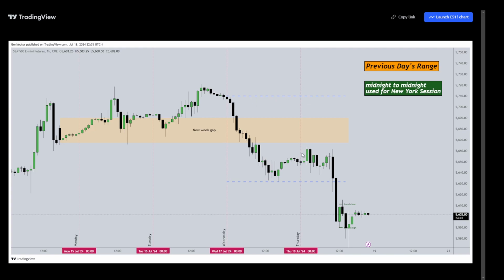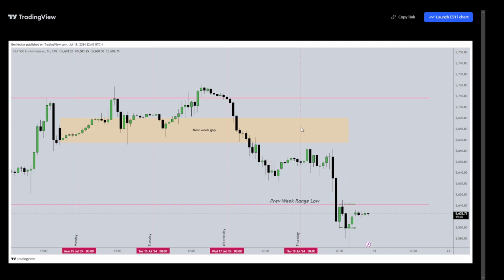Up until this point, if you can imagine Thursday's midnight candle, we are not yet sure if this is going to be a bearish flow through Thursday or if this potentially could reverse on Wednesday to make a bullish run. What we have seen, however, is once we start to challenge the previous day's low, that's when you start to get confidence that you are making a bearish run.